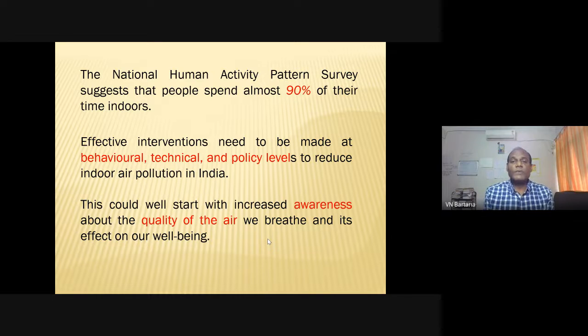Then only would we be further spreading the awareness, or contributing to good indoor air quality wherever we are spending time, whether it is office or workplace or home or some shopping space. So everywhere we need to be aware.